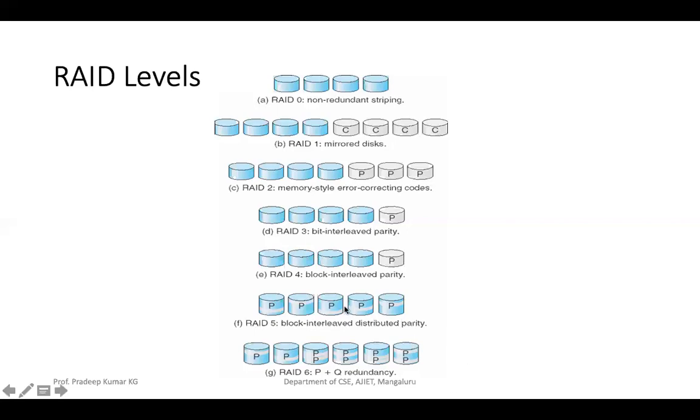The difference between RAID 3 and RAID 4 is majorly that with RAID 4, we are dealing with blocks. With RAID 3, it is bits. That is the only difference. RAID 5, it is distributed. If you have any clarification or doubt, you can get back to me. So we'll continue.